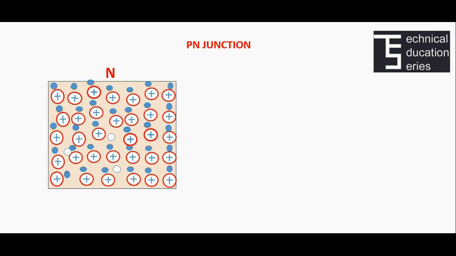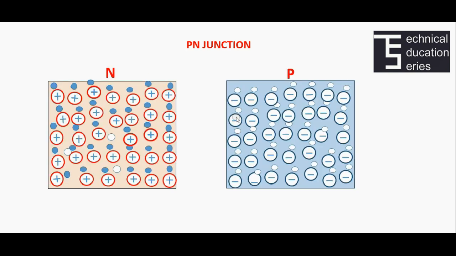PN junction. We have seen what is N-type semiconductor and what is P-type semiconductor. N-type semiconductors and P-type semiconductors by themselves are of little use. But when a P-type semiconductor is suitably joined to an N-type semiconductor, a PN junction is formed.